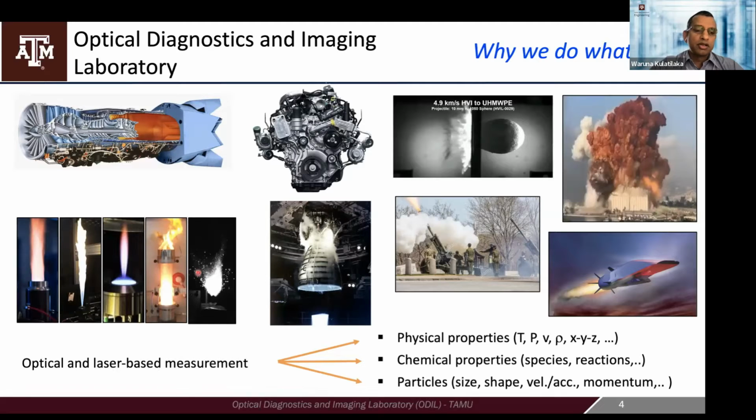These are some different types of flames we have in our lab: laminar flames, turbulent flames, piloted liquid spray flames, and more dust explosion and process safety type applications, some energetics. A lot of these relate to some of the pictures you'll see here on the screen for a range of practical applications.